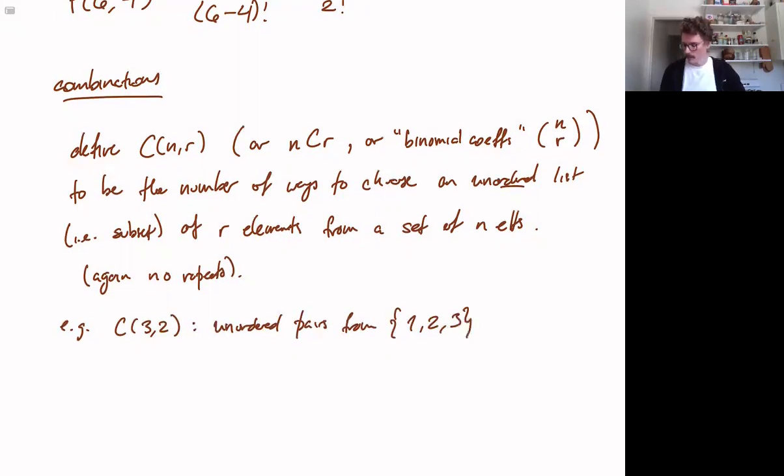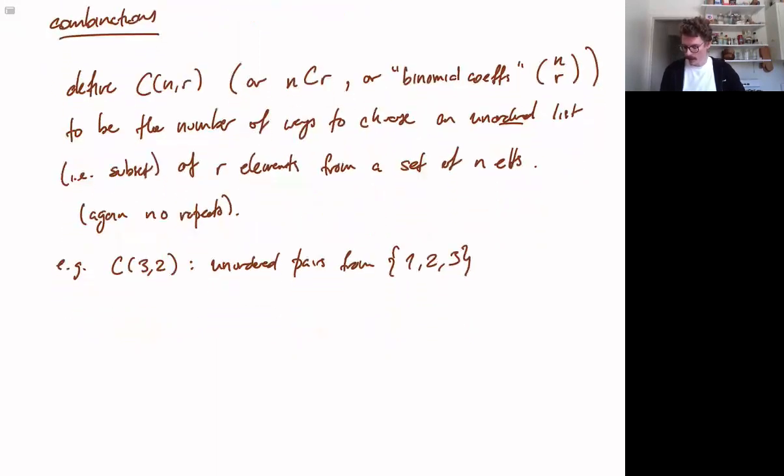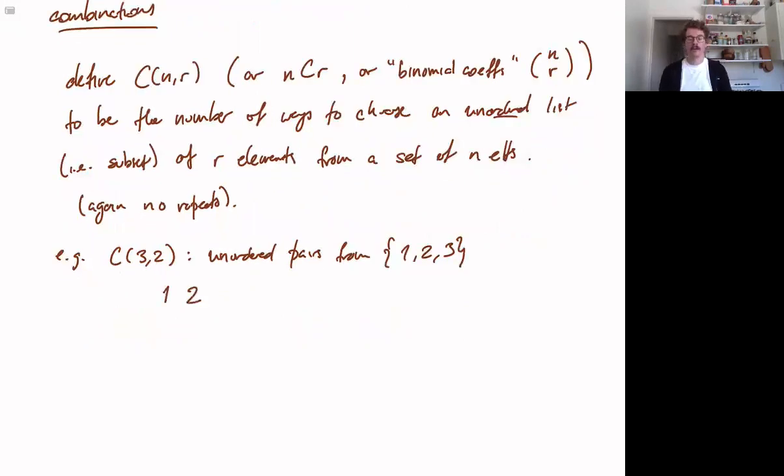How many are there? Well, there is 1, 2. And for permutations, we would consider also 2, 1 to be different. But for combinations, we don't care about the order. So this is the only one of those that we consider. Or we consider them to be the same, that is. You could also have 1, 3, and you could also have 2, 3. But these are all the possibilities. So C(3,2) equals 3.